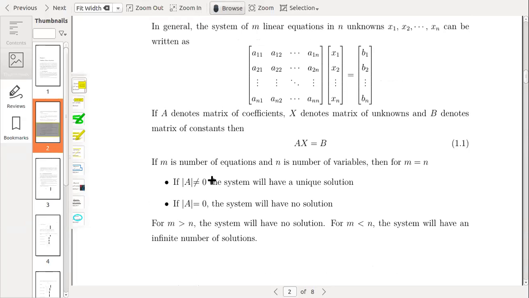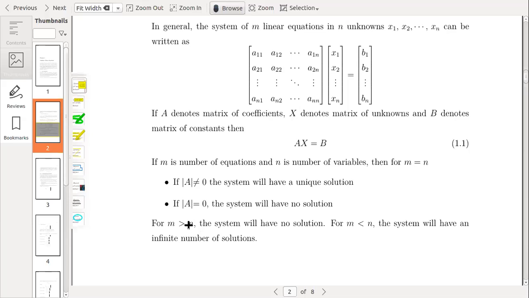If m is the number of equations and n is the number of variables, then for m equal to n, it means if there are three equations and three variables, okay, so what we can say is that if the determinant of A is not equal to 0, the system will have a unique solution. If the determinant is equal to 0, then a solution will not be possible, and we can say the system will have no solution.